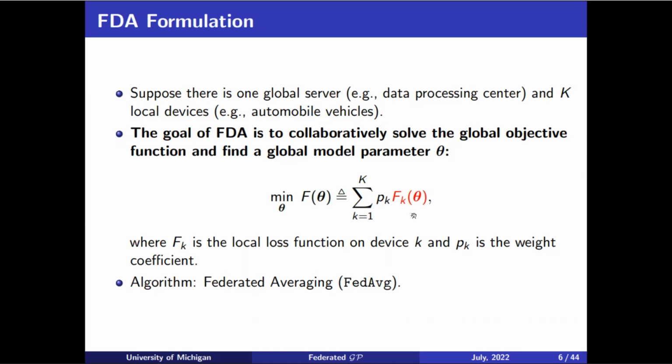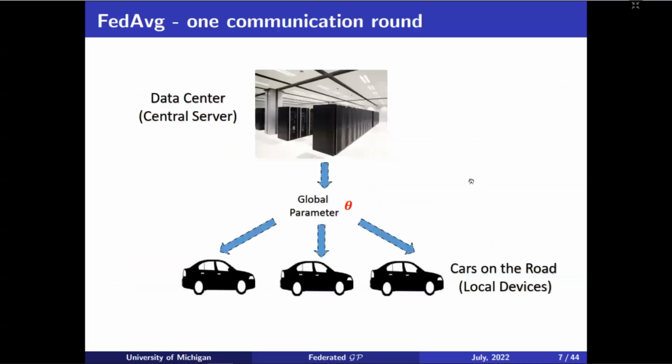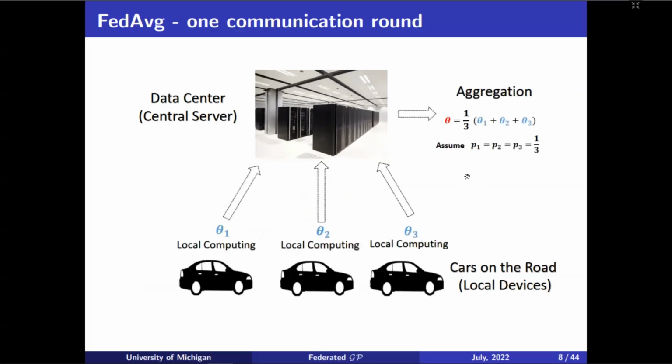The most fundamental algorithm to solve this objective function is called federated averaging, or FedAvg. Here I provide one simple example for FedAvg. At the beginning, the data center or the central server broadcasts a global model parameter to each device. The device then runs some local computations to generate new model parameters, theta 1, theta 2, and theta 3, and sends them back to the central server.